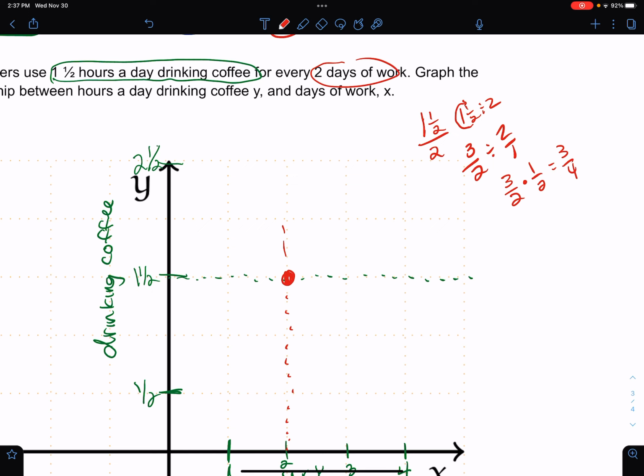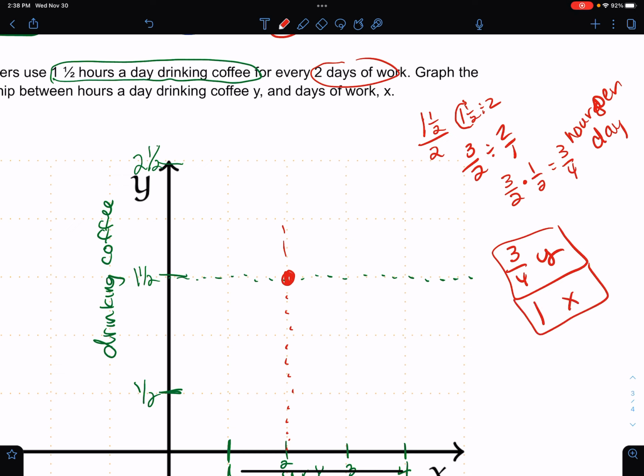So 3/4 an hour per day drinking coffee. Okay. So what that means, okay, it's 3/4 is my Y and 1 is my X, okay?